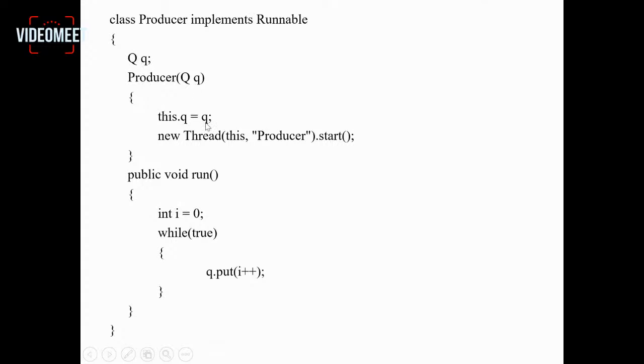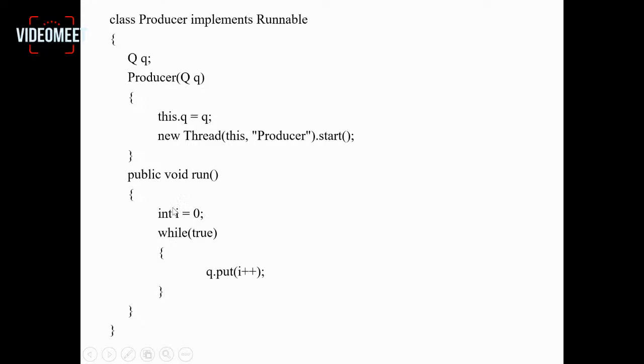Then this.q is equal to q, and a new thread is created by using the first version of the Thread constructor, which receives this keyword and the name of the thread as parameter in the form of a string. Soon after this object is created, I'm not creating any thread reference variable here, so directly I'm calling .start. Immediately I'm making a call to the start method.